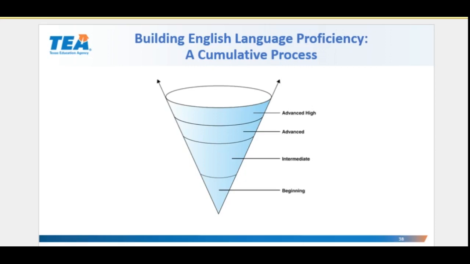This graphic illustrates that second language learning is a cumulative, spiraling, building process. The language skills associated with a given level are prerequisite to the broader range of skills at the next level. The arrows indicate that language continues to develop beyond the advanced level.